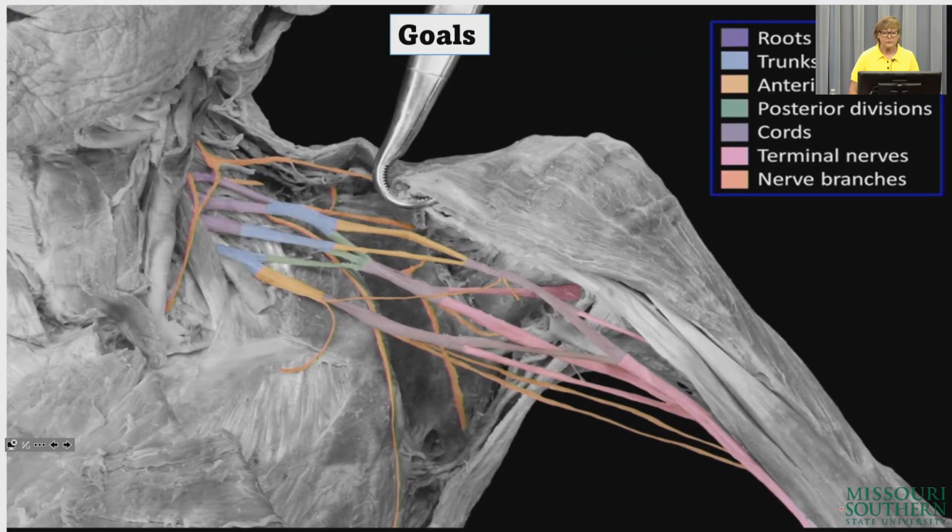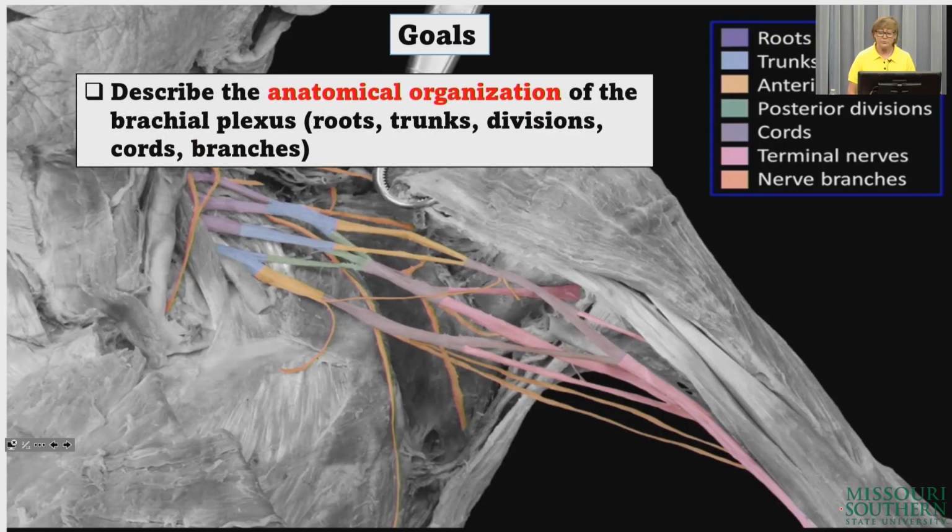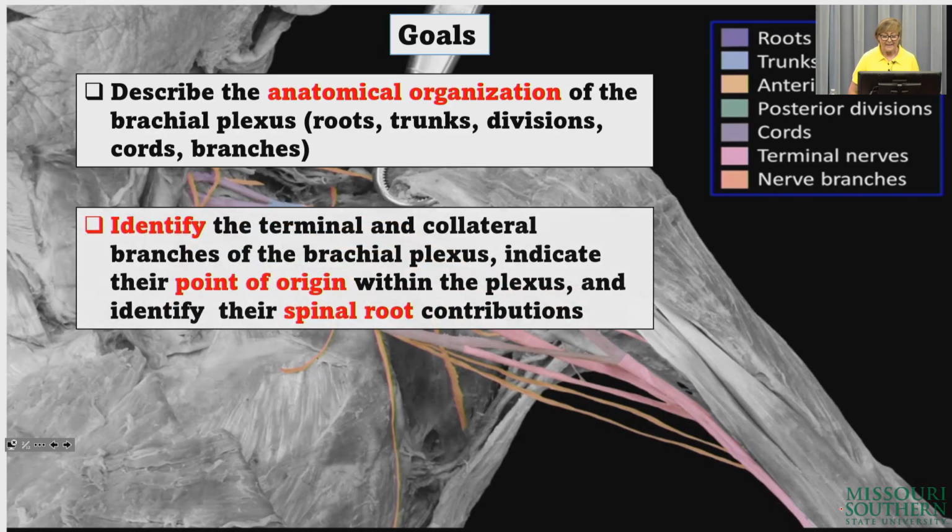So the goals of today's video are to describe the anatomical organization of the brachial plexus, to identify the terminal and collateral branches of the brachial plexus, indicate their point of origin within the plexus, and to identify their spinal root contributions.